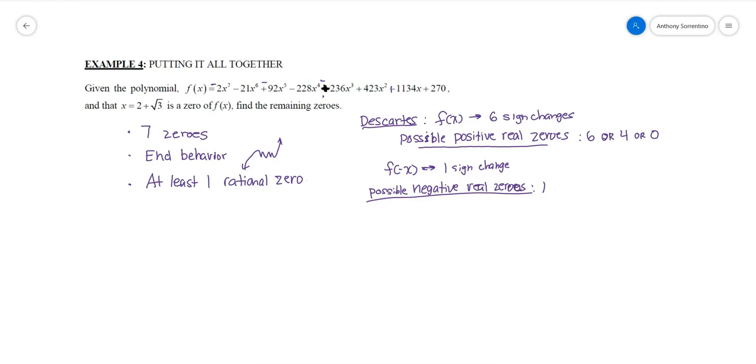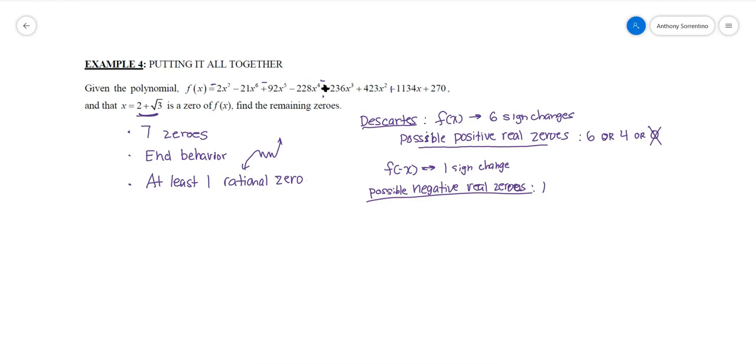Now, the fact of the matter is, I know that I already have one positive real zero because 2 plus square root 3 is one of them. So I'm probably going to have at least 3 other possible real zeros as well. So again, this helps me figure out what kind of answers to expect.